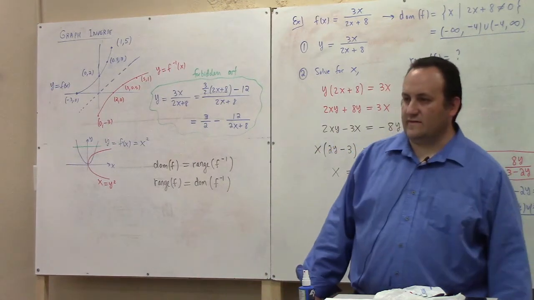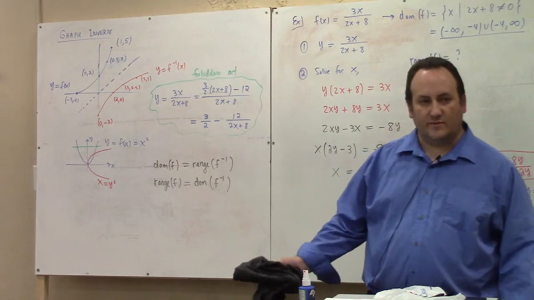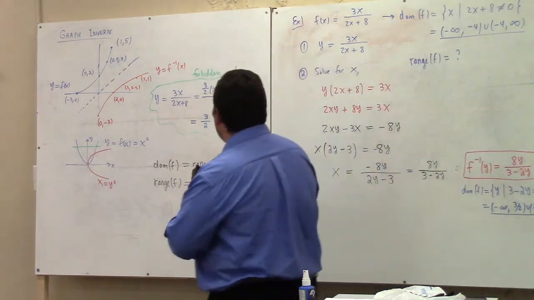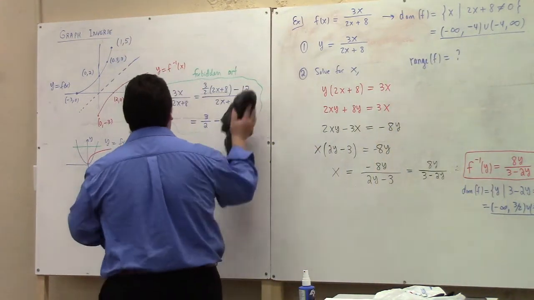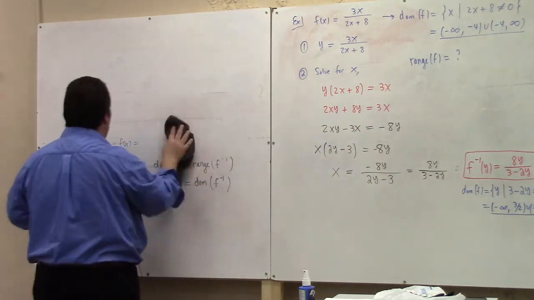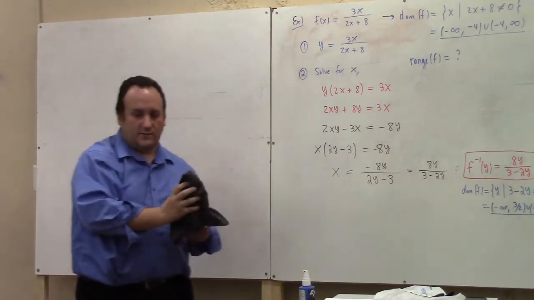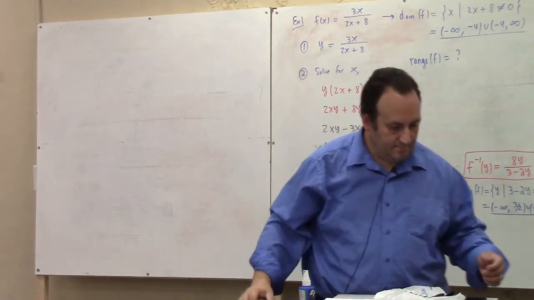There's one that says set f of a equal to f of b and prove a equals b. Let me work a similar but different problem to that one. To show that a function's one-to-one, you could graph it and check the horizontal line test, or you could do this algebra, right?